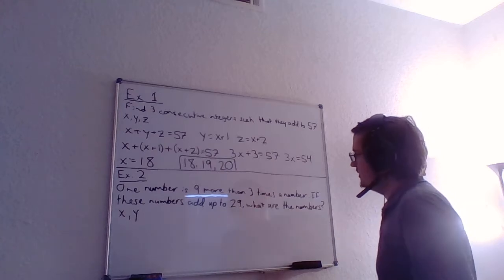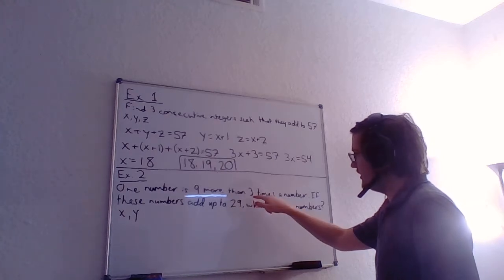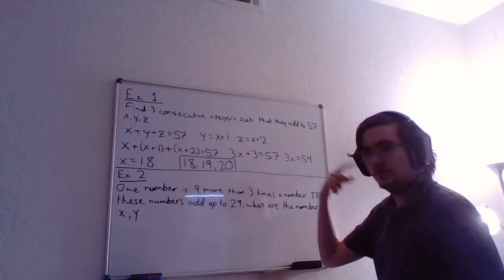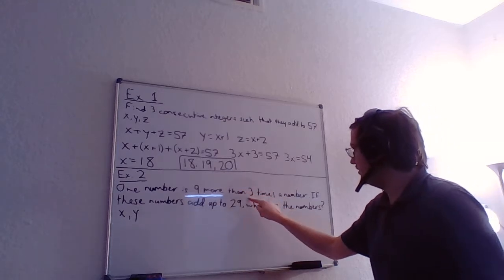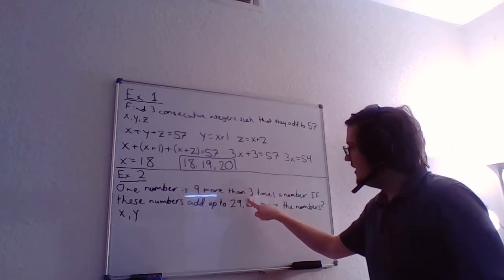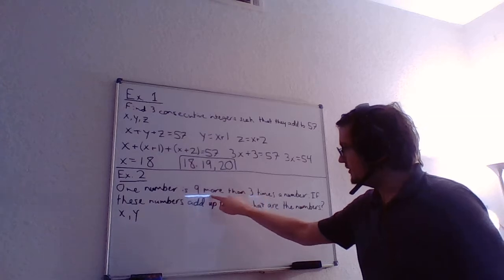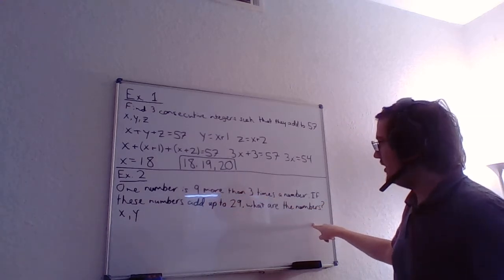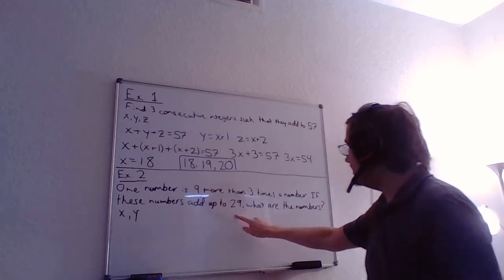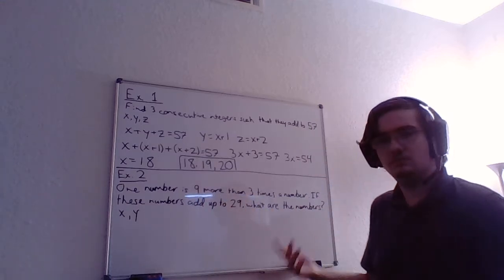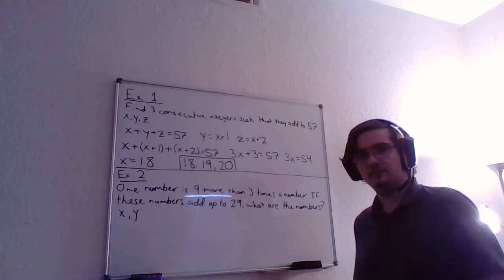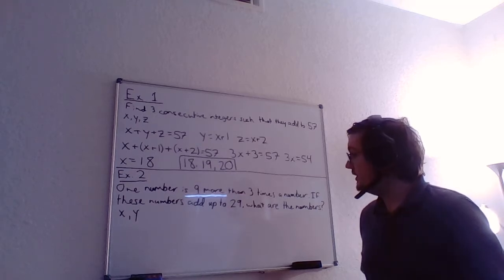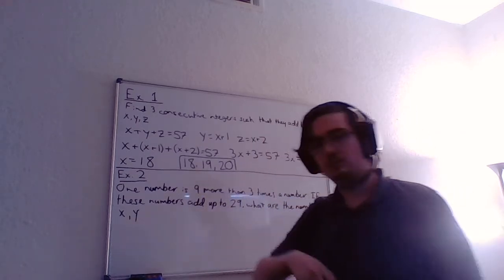So what that tells us is that we're going to be taking one of our numbers times 3, that's what 3 times means, and then plus 9, 9 more. Now, if these numbers add up to 29, what's that telling us? That's telling us we just take our two numbers, x and y, we add them up.